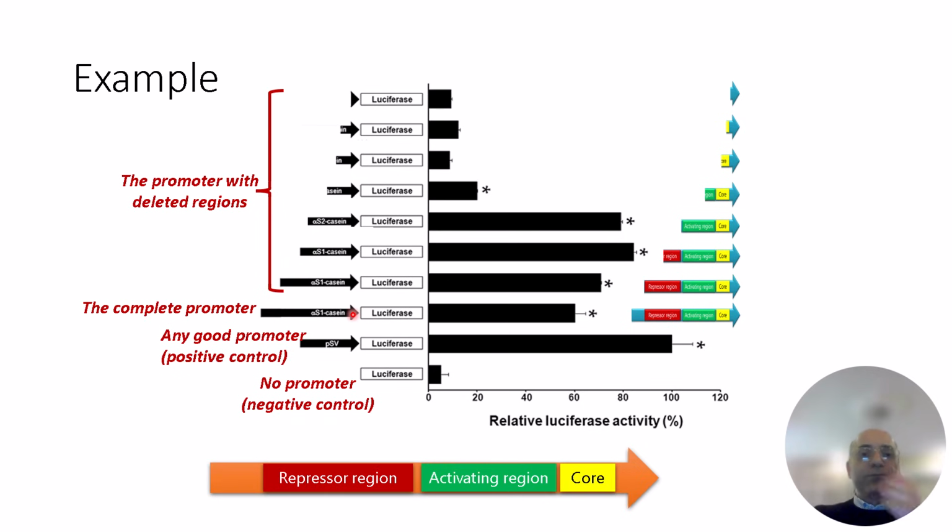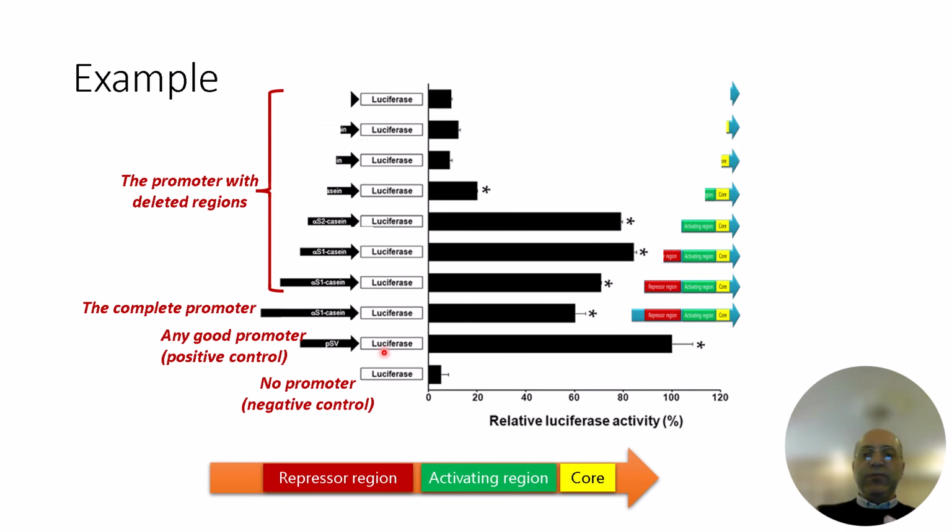Okay, now, so let's look at the results. Now I transfect, so I have different plasmids, different pieces of promoter, the same luciferase gene, nothing is changed with the luciferase gene, and I transfect these different plasmids into cells.